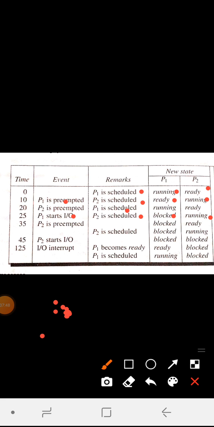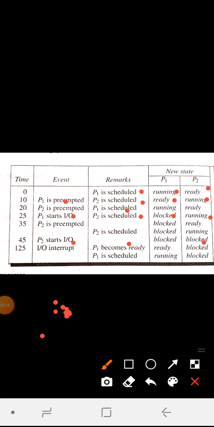All this time your process P1 is blocked because it requested an IO operation, so from running it entered the blocked state. Again at 45 milliseconds P2 is asking for an IO operation, so it enters the blocked state from running state.